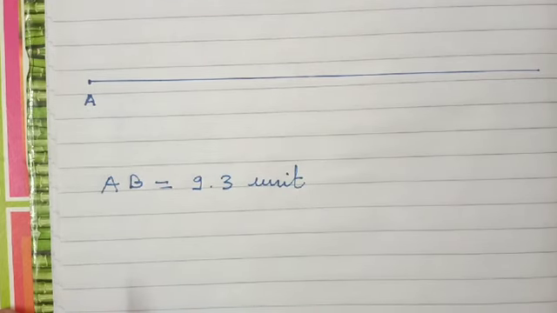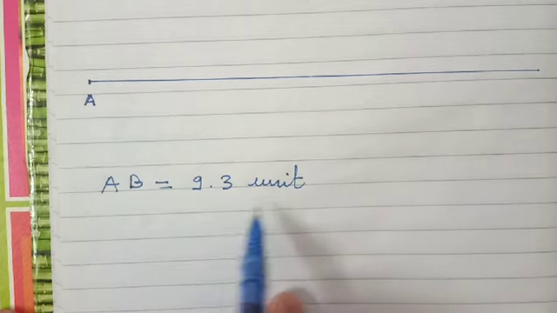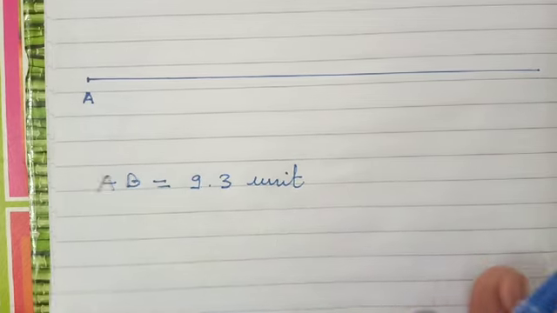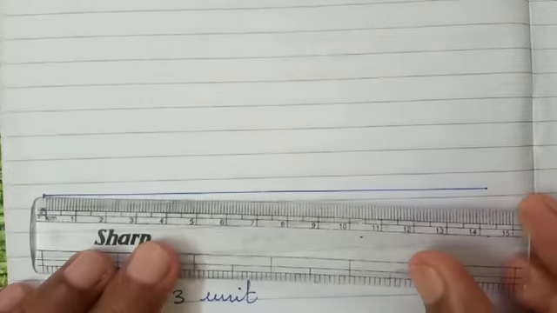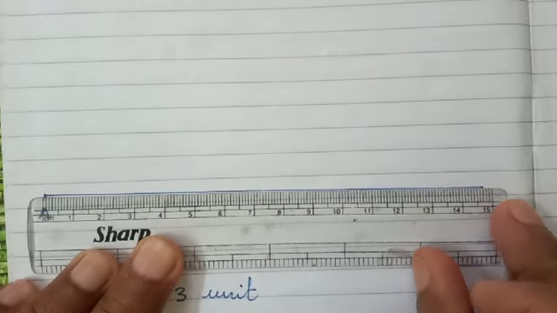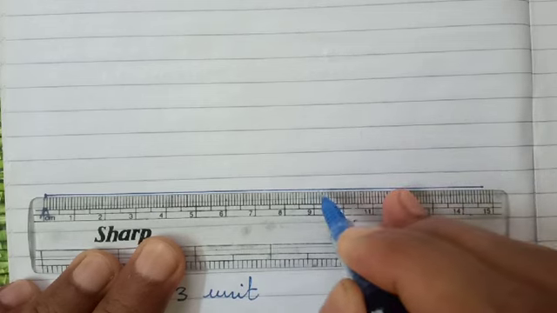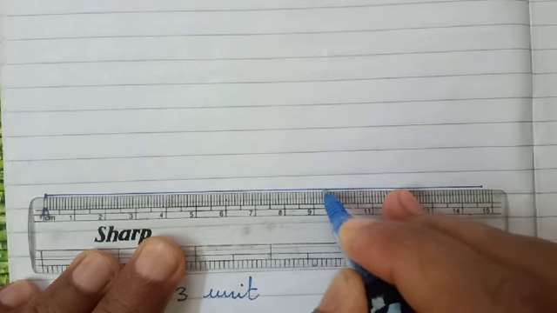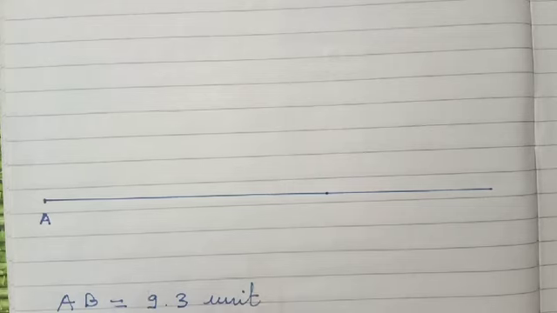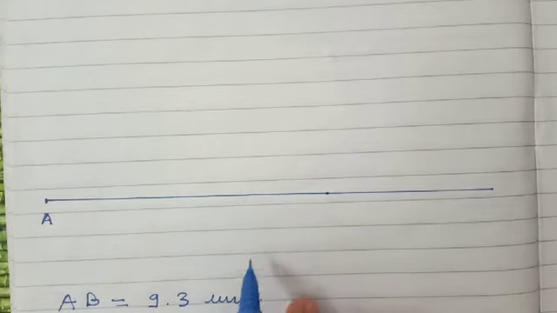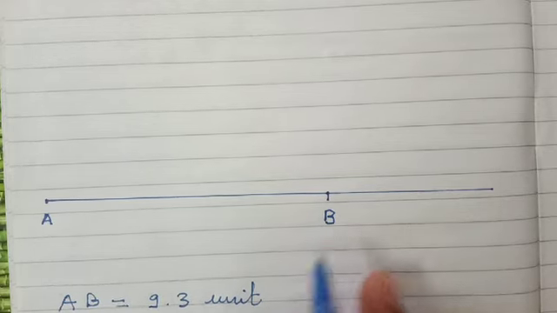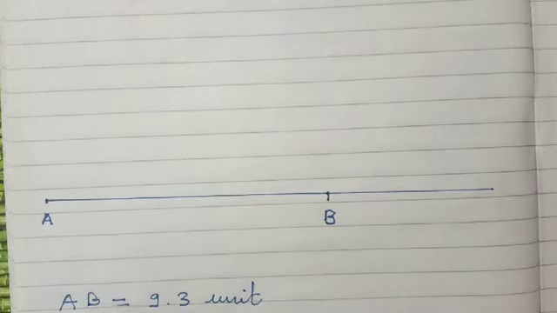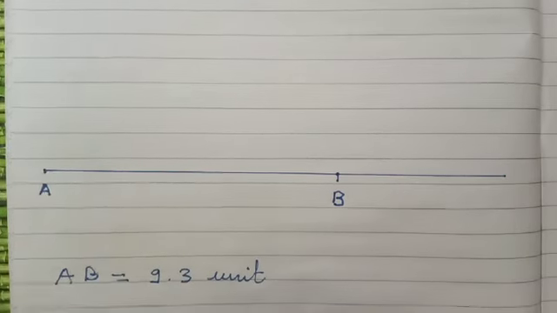It means we should take AB equal to 9.3 units or 9.3 centimeters. This is 1, 2, 3, and this is 9.3 centimeters. And mark it point B. So you can say AB is equal to 9.3 units.